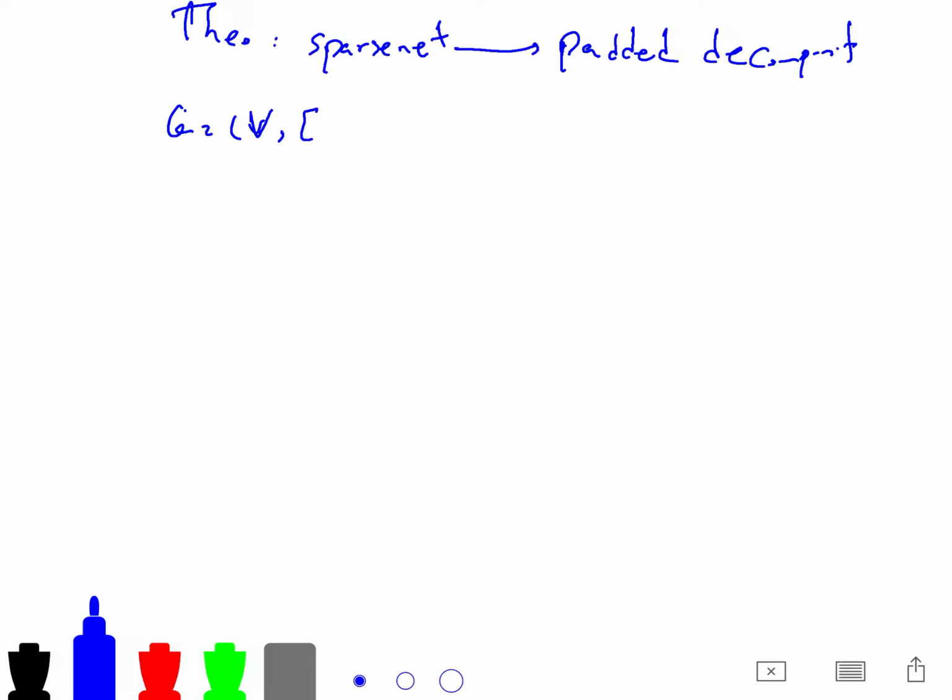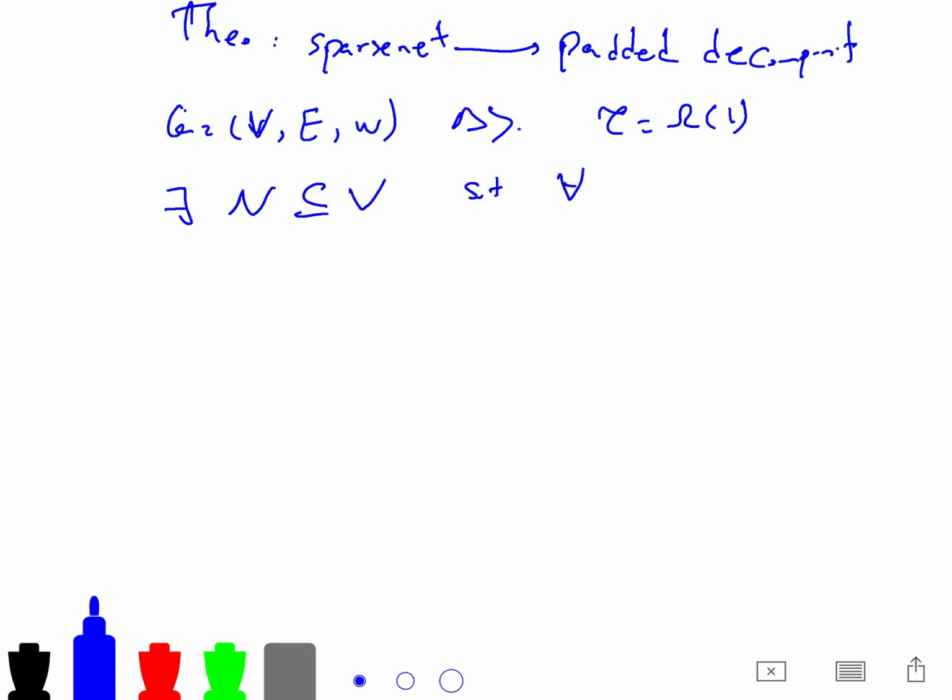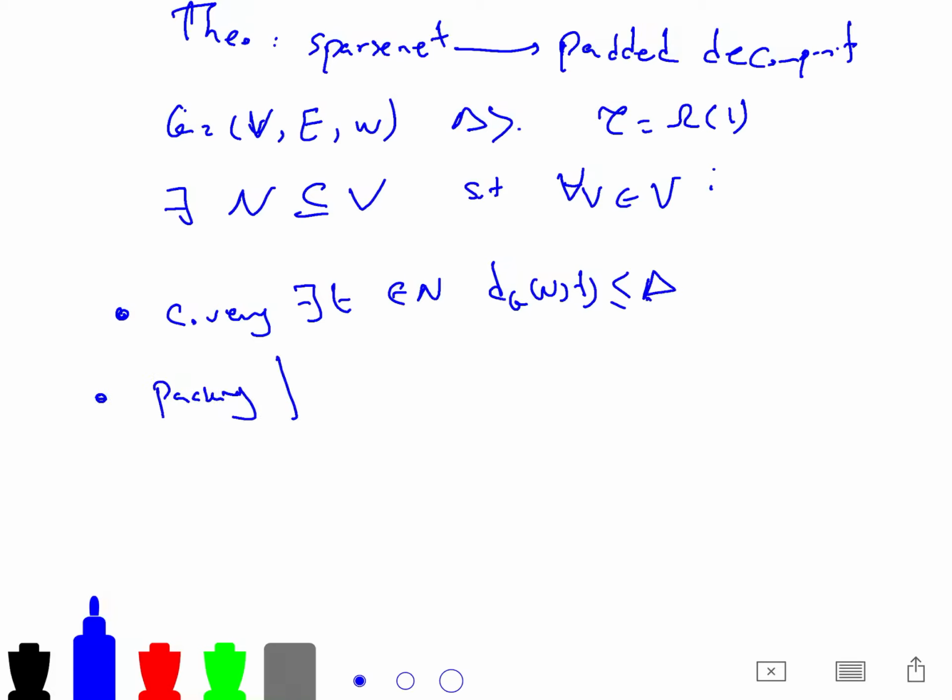So if we have a weighted graph G = (V, E) and delta is greater than 0, and suppose there exists a set N inside V of centers such that for any v in V we have covering, meaning there exists t in N such that d_G(v, t) is less than delta, and also packing, meaning the intersection of the ball of center v and radius 3 delta with the set of centers has cardinality less than tau.